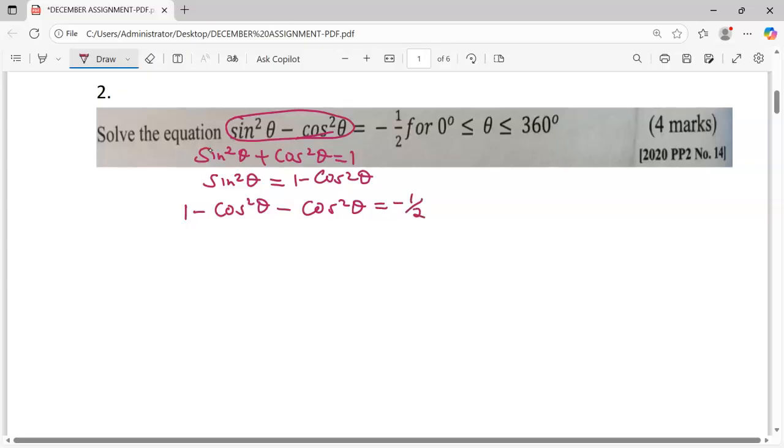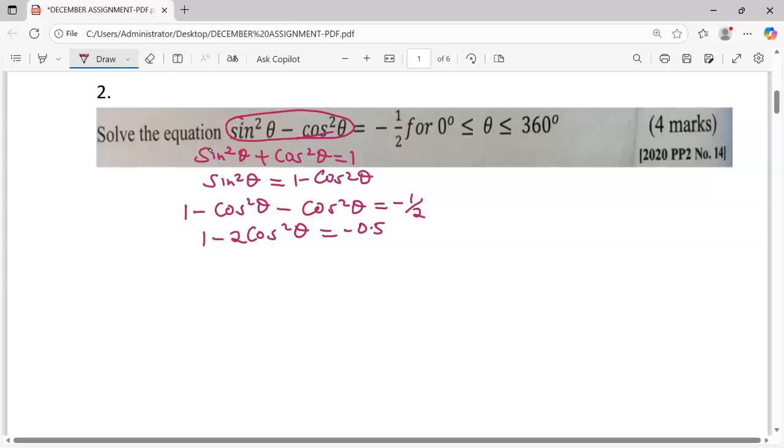At this point, you realize minus cos squared theta minus cos squared theta will give us twice cos squared theta, and therefore this will be 1 minus twice cos squared theta, equal to negative half, which is the same as negative 0.5.